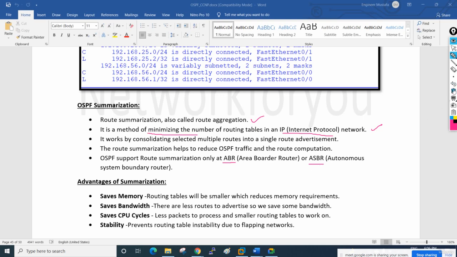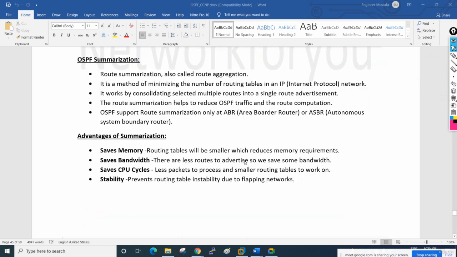And what are the advantages we are going to get? The first advantages: save memory, save bandwidth, save CPU cycles, and stability. Stability means, for example, if you have so many routes and sometimes they go down and come up, they will flap. If you do summarization, it will not flap.